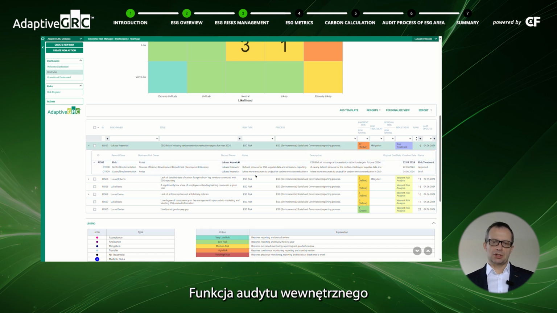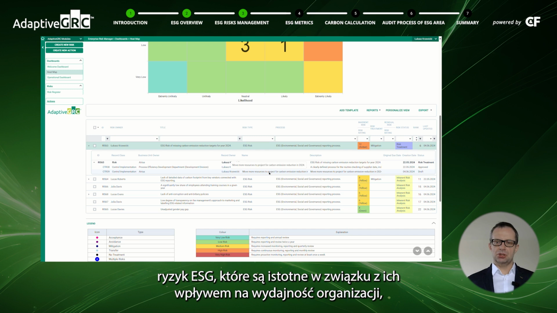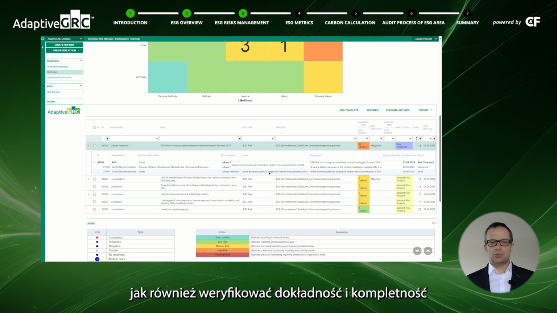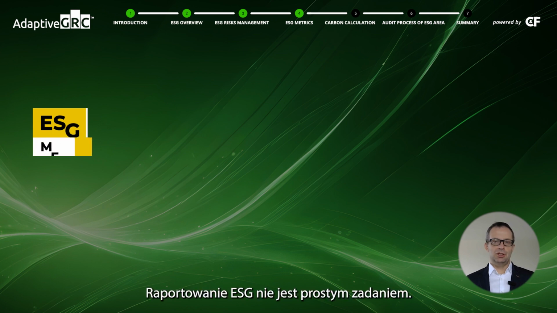Internal audit functions must act now to formally assess ESG risks that are material to an organization's performance, as well as the accuracy and completeness of ESG reporting. ESG reporting is not a simple exercise.